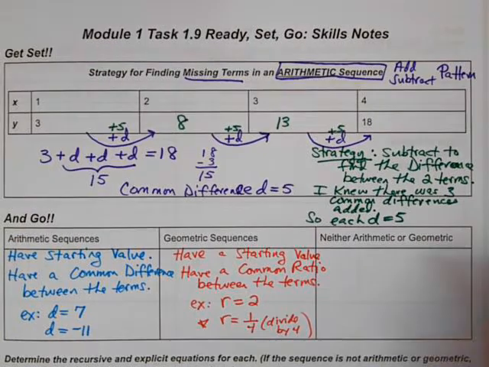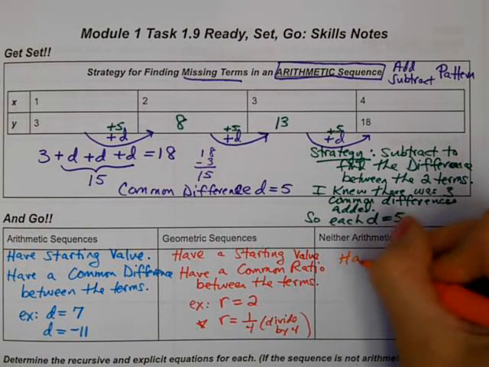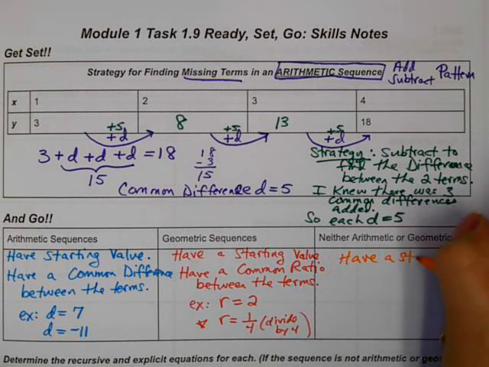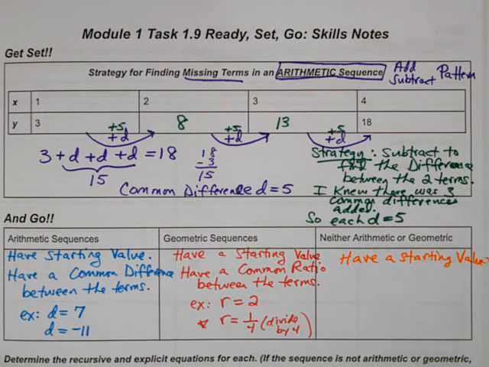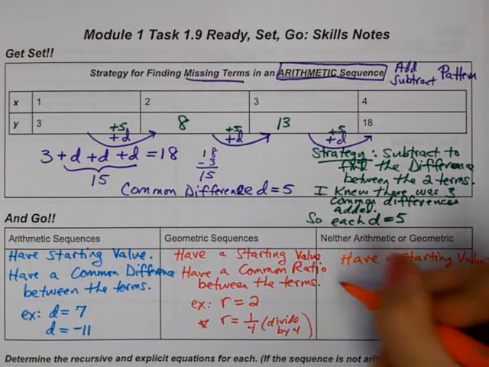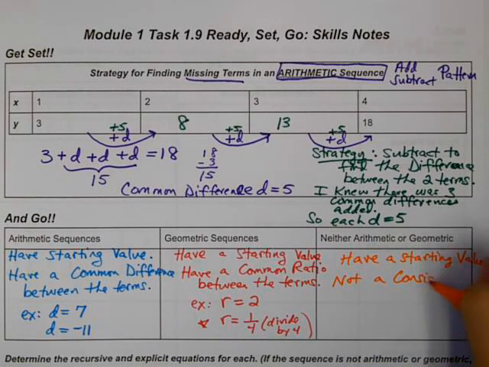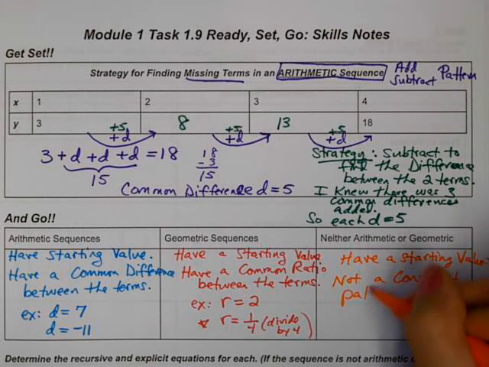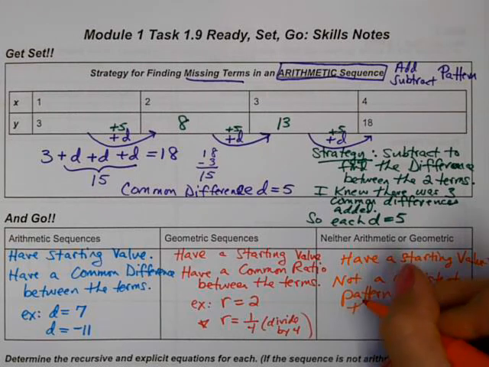And then sometimes it could be neither. It would have a starting value, and then there is not a consistent pattern between the terms.